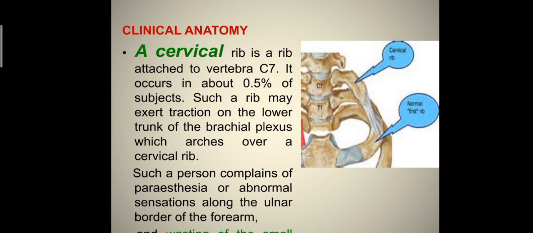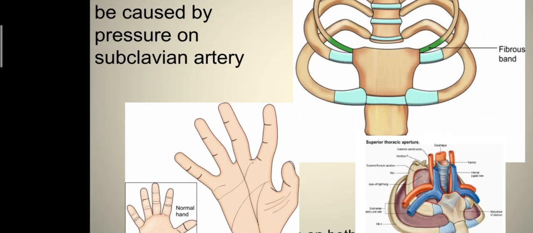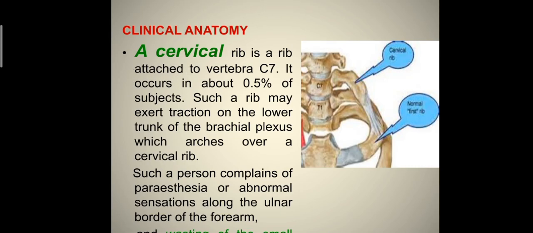Now, cervical rib. In 0.5% of subjects, there is an extra rib which is attached to the C7 cervical vertebra.